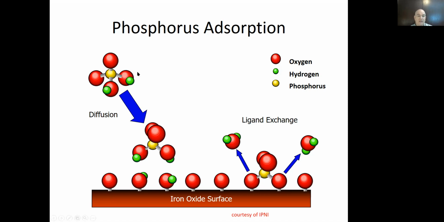But the other fate that can happen to that phosphate molecule is that it can hit a surface, such as in this case, an iron oxide surface, and we get a ligand exchange reaction that happens that essentially binds the phosphorus down here to that surface. And once that happens, it's not very plant available. That could come off later. I mean, that's a possibility. It could be released back into the soil solution, but for the time being, it's not plant available.